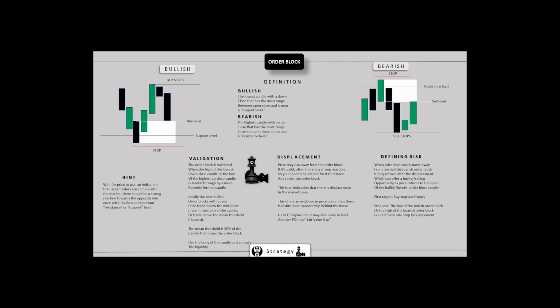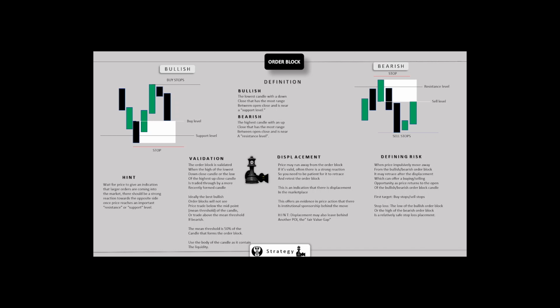I will leave that to you, because you will go and backtest these concepts as usual to get the most out of it. Hint: wait for price to give an indication that larger orders are coming into the market. There should be a strong reaction toward the opposite side once price reaches an important resistance or support level.